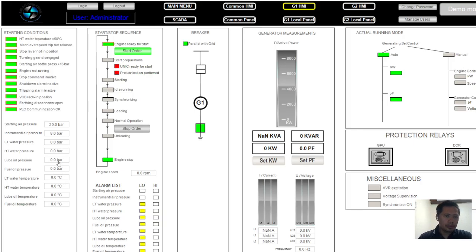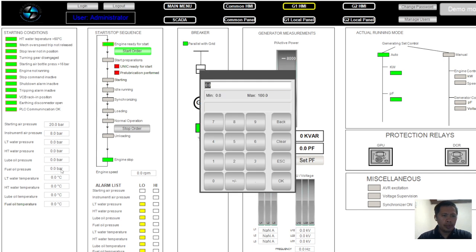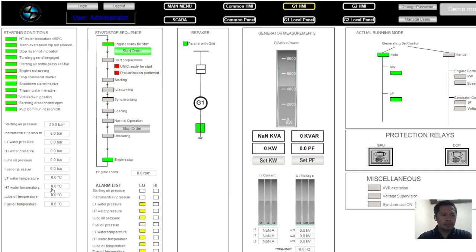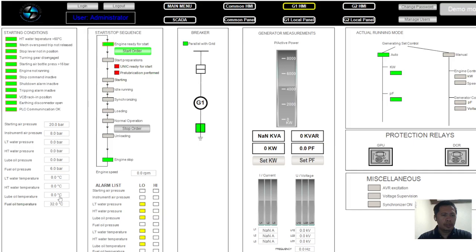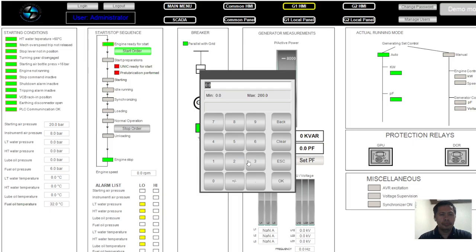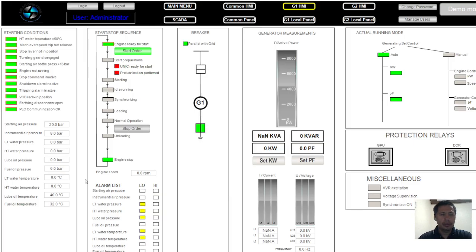Okay, so now the fuel pressure maybe around 6 bars. The fuel temperature, let's say, is about 32 degrees. Local temperature, say around 40. Okay.